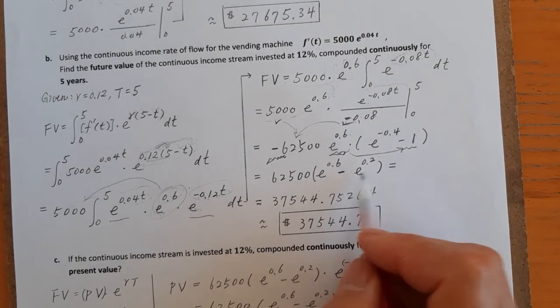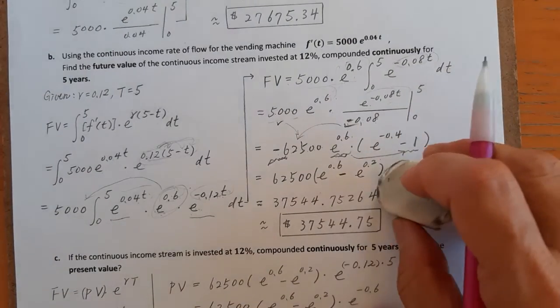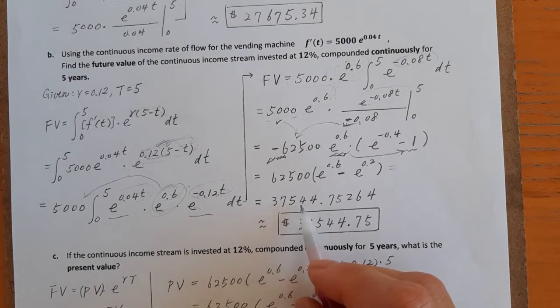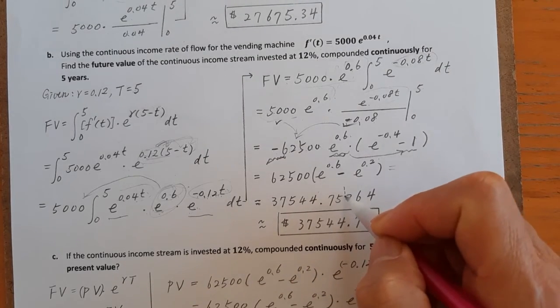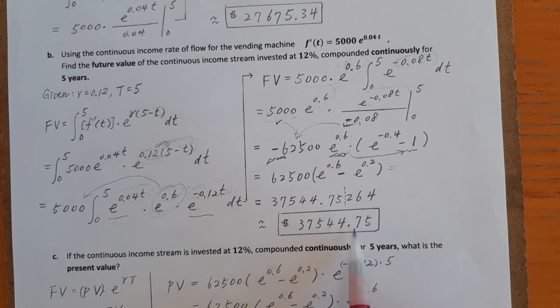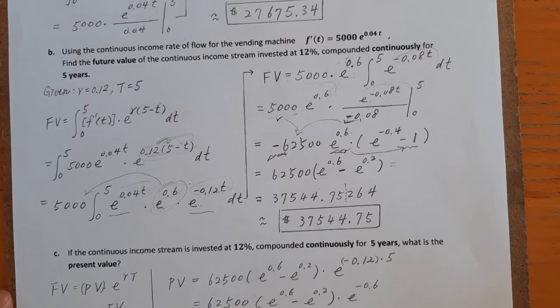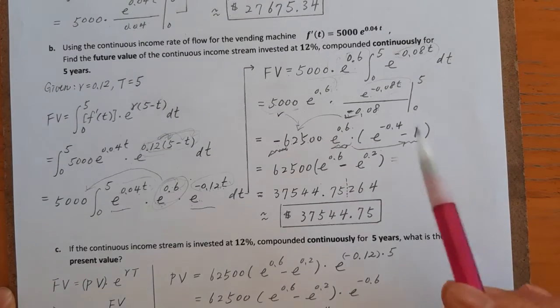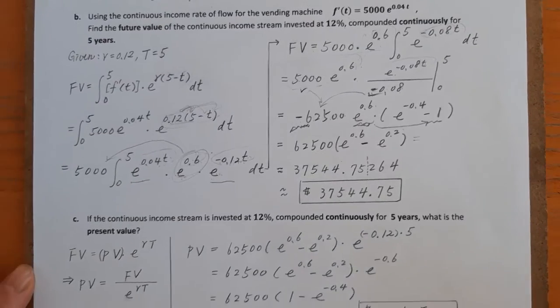Then use a calculator and you got this, rounded to two decimal digits. So the future value is this much. So this one is the future value.